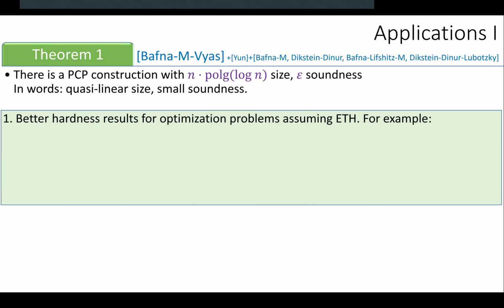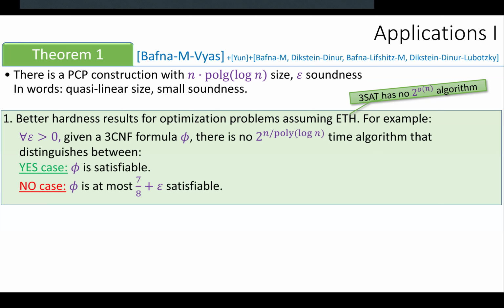So using this, you can get better hardness of approximation results if you are willing to assume the exponential time hypothesis. The exponential time hypothesis just says that 3SAT takes exponential time; there is no sub-exponential time algorithm. So if you assume ETH, you can get that even an easier format is still hard, almost exponential. Here's one example.